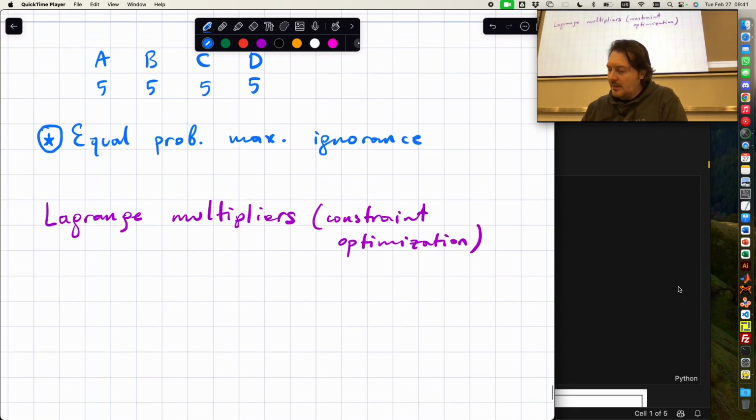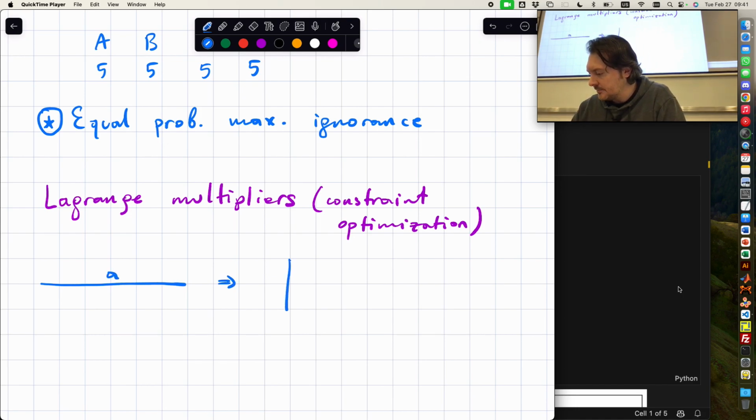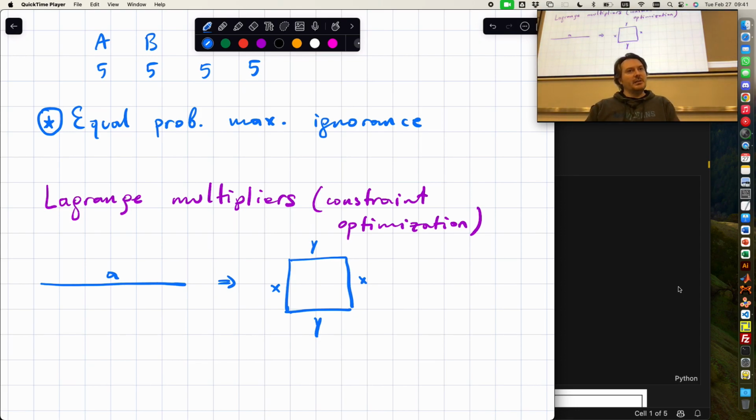Let's say you have a wire of length A and you want to make it into a rectangle. X on this side, Y on this side. And you are wondering what X and Y would maximize the area. So the area is X times Y, right?